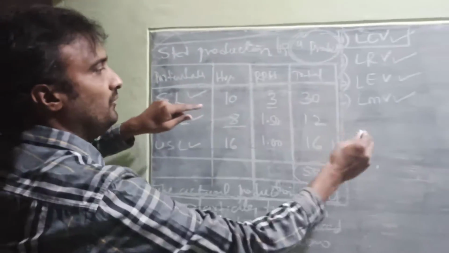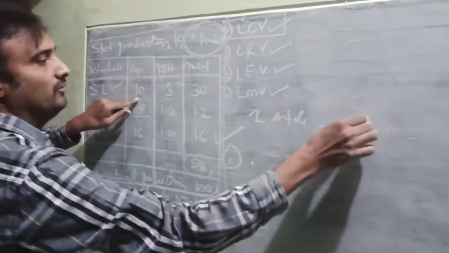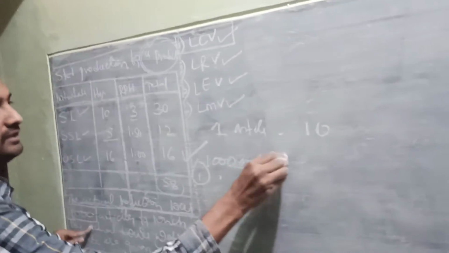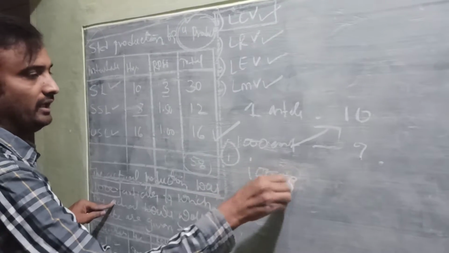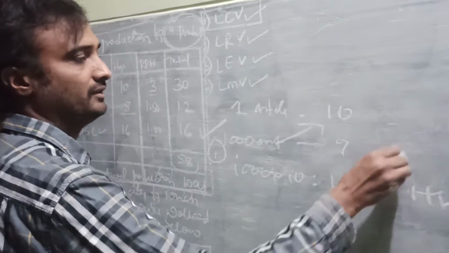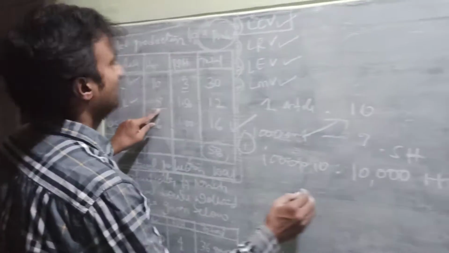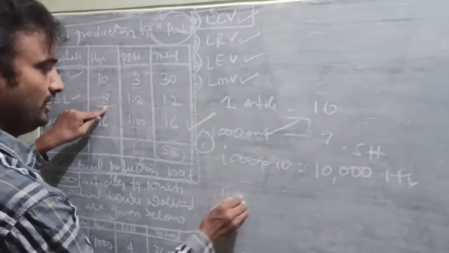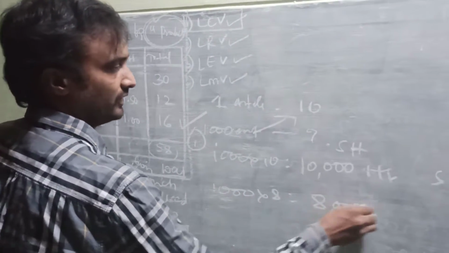For one product, that is one article, he has given 10 hours. We should convert it into, for 1000 articles, what is the standard hours? So cross multiplication, 1000 into 10, that is 10,000 hours. This is the standard hours of skilled labor. Next one is 8, that is semi-skilled laborer, therefore 1000 into 8, that is 8,000 hours.